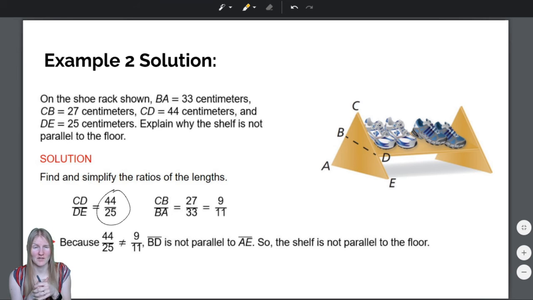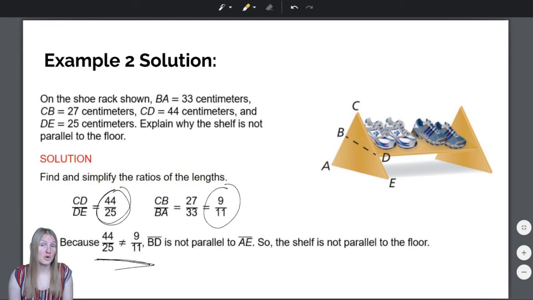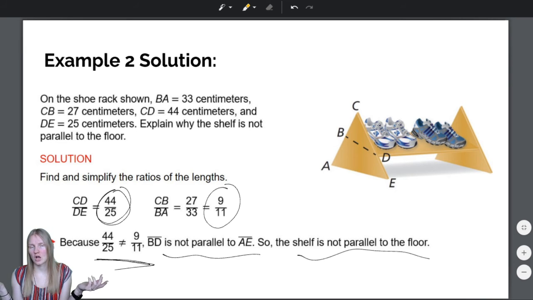Can't divide anything on the top or the bottom. So that's as simplified as it gets. And 27/33 simplifies to 9/11. 44/25, not the same as 9/11. So BD is not parallel to AE, so the shelf is not parallel to the floor. This is the converse of the triangle proportionality theorem.